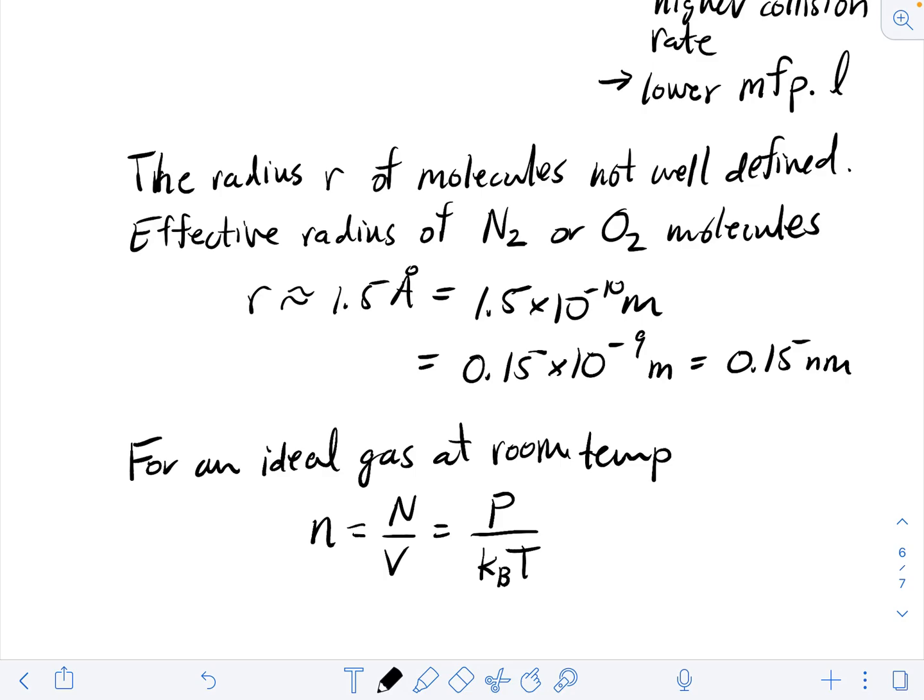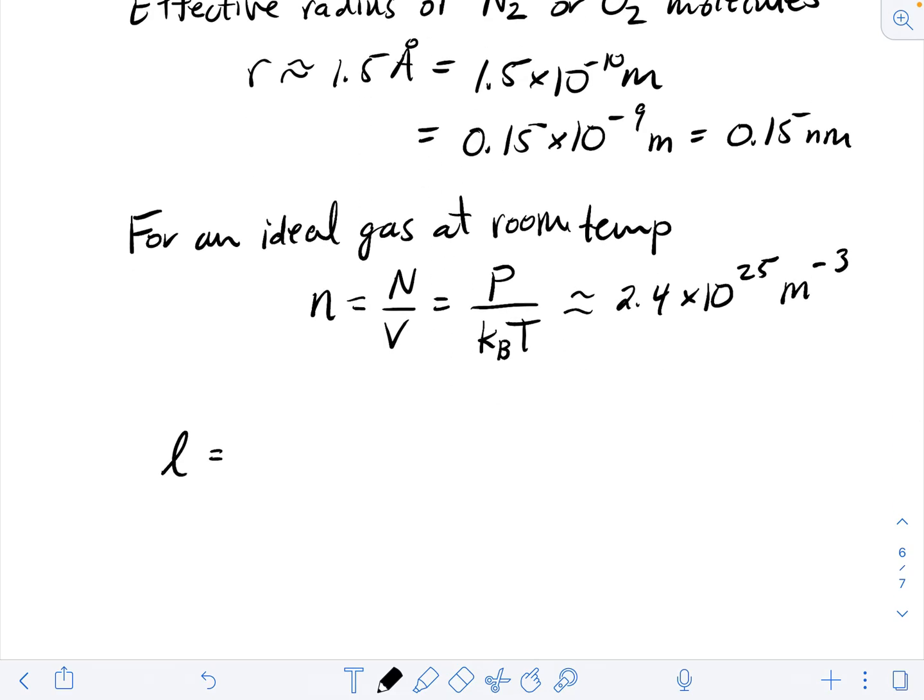And so if you put in an atmosphere pressure, it's about 100 kilopascals, and divide by kB and 300 Kelvin, this comes out to be around 2.4 times 10 to the 25 particles per cubic meter.